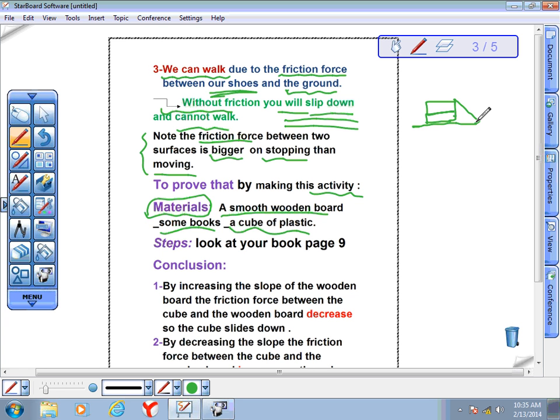And put a cube of plastic in this position. Put the cube on the top of the sloping wooden board in a way that does not allow the cube to slide, as in this figure, at the top of the wooden board.